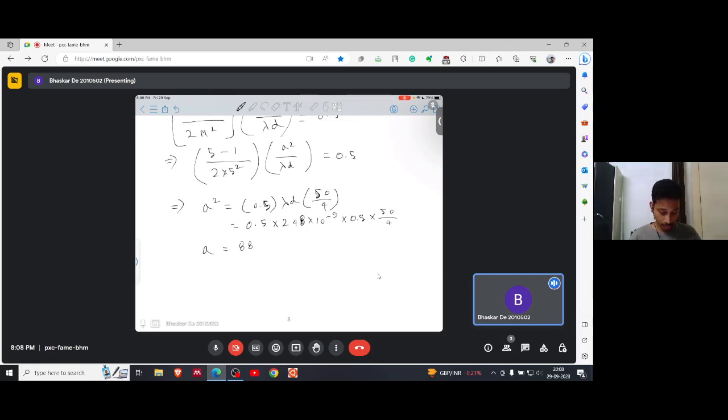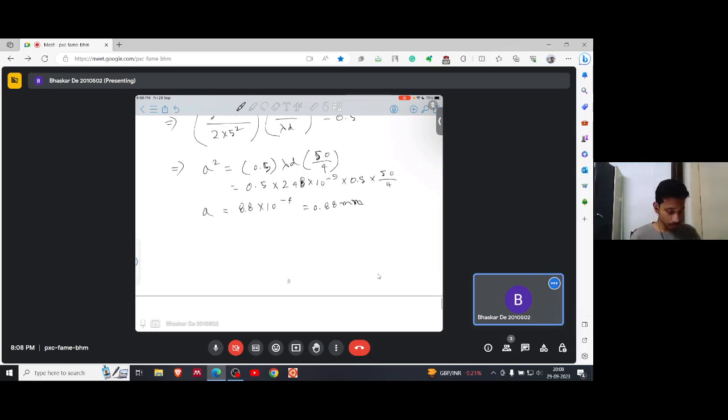Then we will have a equal to 8.8 into 10 to the minus 4. So the diameter will be 1.76 mm.